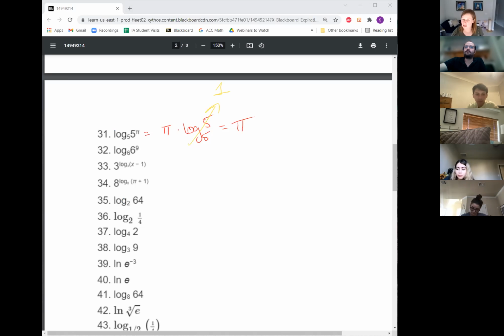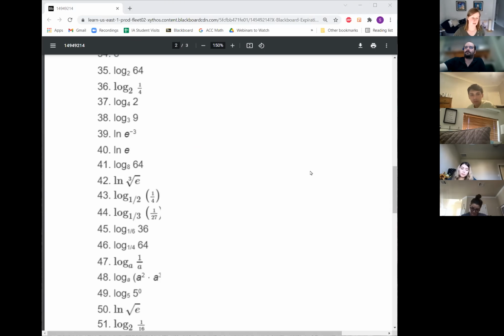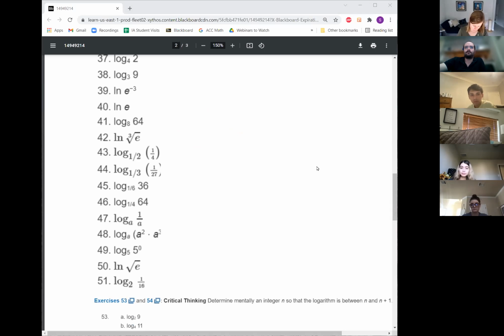We are at Ganya for number 47. This one, I think it is 9. Sorry, I didn't do 37. Okay. 1 over A, is there a way for me to change that to just a regular A?